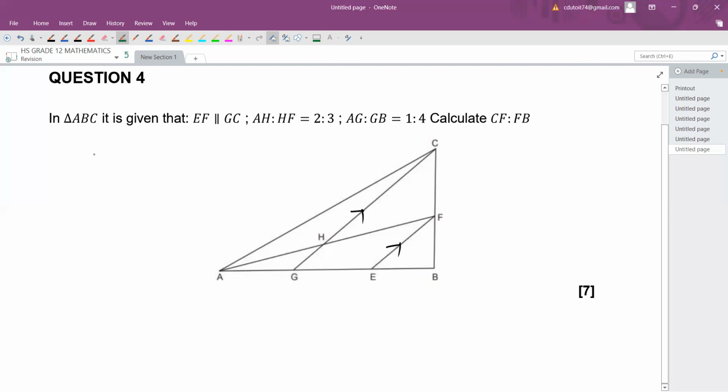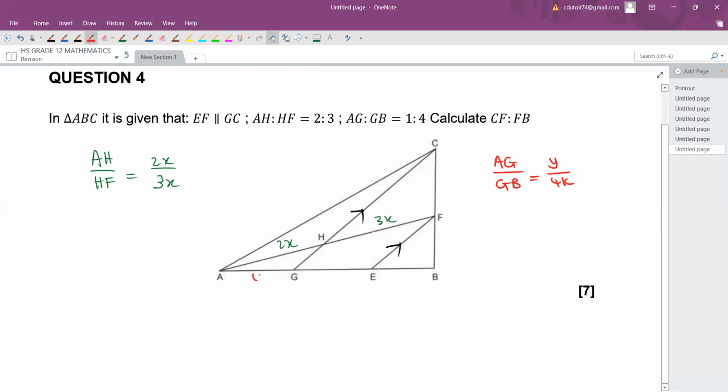Yes. So I'm going to do AH over FH is 2x over 3x. You don't have to put the x's in there now, but I'm doing it. So AH is 2x over HF, which is 3x. And then it also gives us the following. AG over GB equaling 1y over 4y.